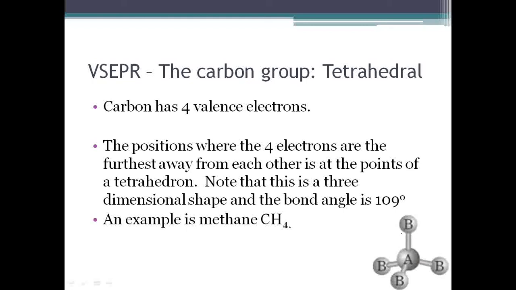And because it's in 3 dimensions, you just simply can't take 360 degrees and divide it by 4 for the number of bonds here. The bond angle here isn't 120 because the total angles here are not 360. So the bottom line here is when you work out mathematically what the bond angles are, they come out to be about 109 degrees.